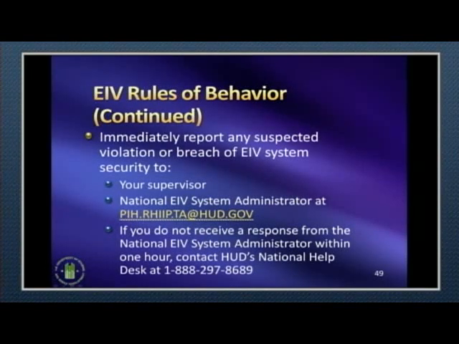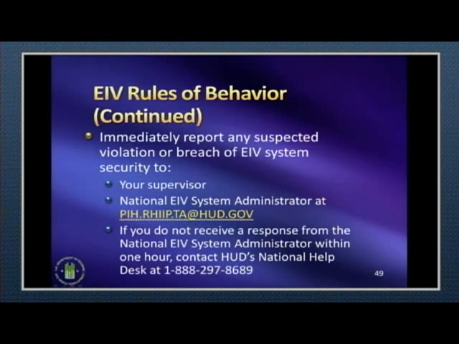If you should happen to suspect a violation of security or breach of EIV system security, please immediately contact your supervisor and then notify the National EIV System Administrator, which is me, at PIH.RHIIP.TA@HUD.gov. If I do not respond to you within 1 hour of you notifying me of a potential security breach, we're asking you to contact HUD's National Help Desk to report that issue so that someone promptly follows up.